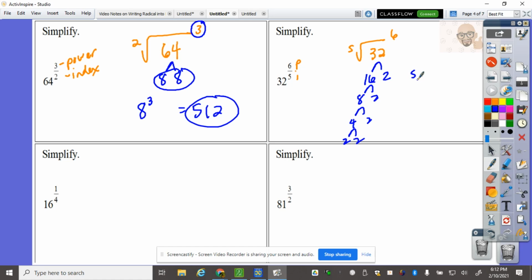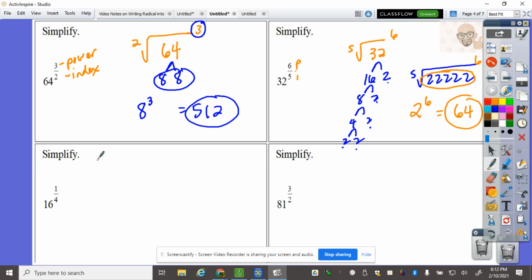So therefore, the fifth root of 32 is how many 2s there? 1, 2, 3, 4, 5. There are 1, 2, 3, 4, 5. And don't forget, you still have the sixth power outside. Since that's one group of 2 in the 5 of those, that makes it a 2 only to the 6th power. The answer is, what's 2 to the 6? That's multiplying 2 6 times, and the answer there is going to be 64.